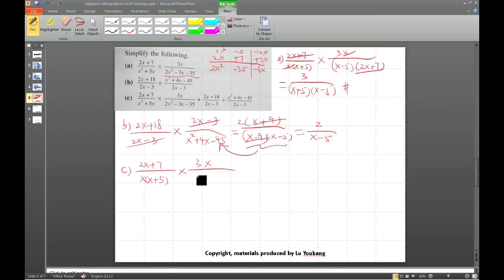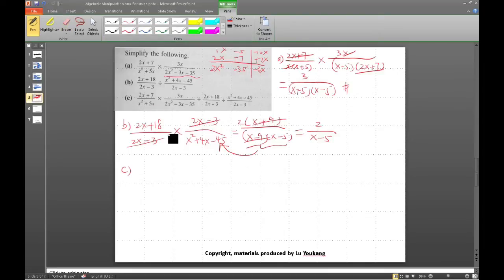Okay, if you are observant enough, question C is actually part A and part B combined together. Therefore, instead of doing it from scratch, I will just pick my answer from part A and part B, and continue from there.